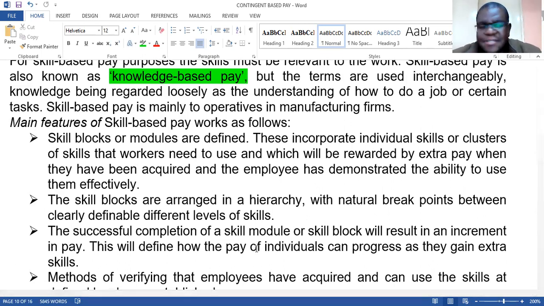So what happens? You define what are the skills modules that you need. Then you arrange them in a hierarchical manner so that the person with the higher skills gets paid at a better rate.